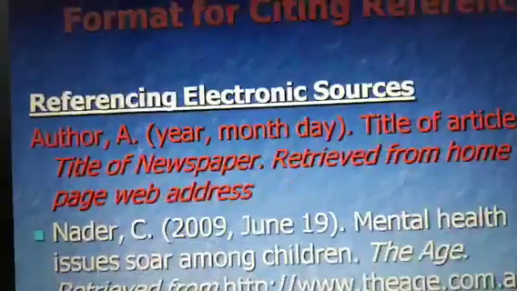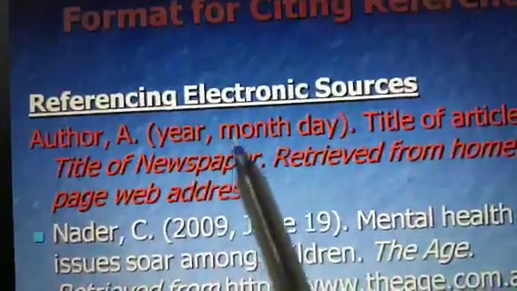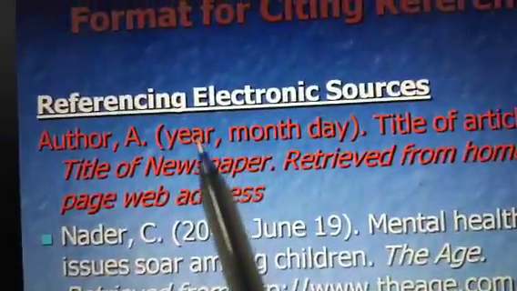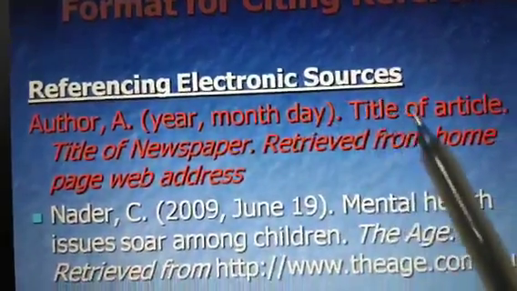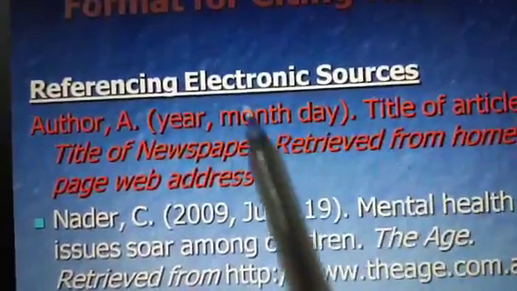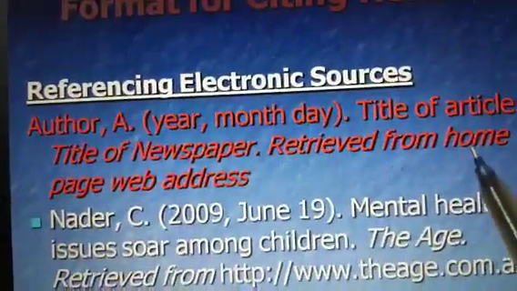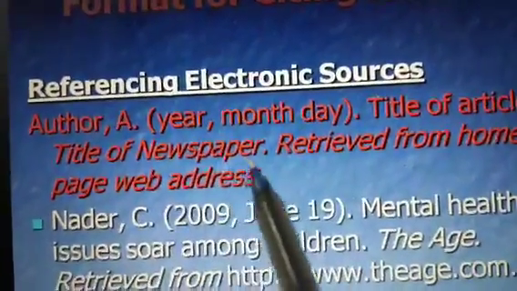Okay, and students, for electronic sources, again you write the author's name, year of publication, month or day of publication, title of the article, title of the newspaper, or retrieved from the home page or web address.